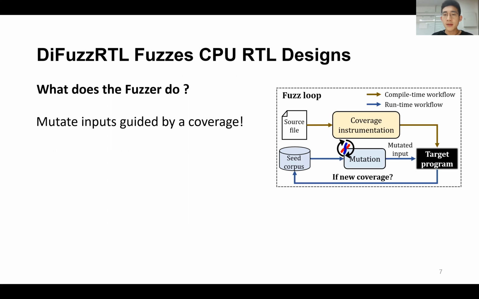So at compile time, the fuzzer instruments a logic into the program, which calculates the runtime information, so-called coverage. And at runtime, the fuzzer continuously mutates the input and tests the program while monitoring the coverage. If the coverage increases, it saves the input and reuses it to further increase the coverage. This process leads to the rigorous verification of the program.